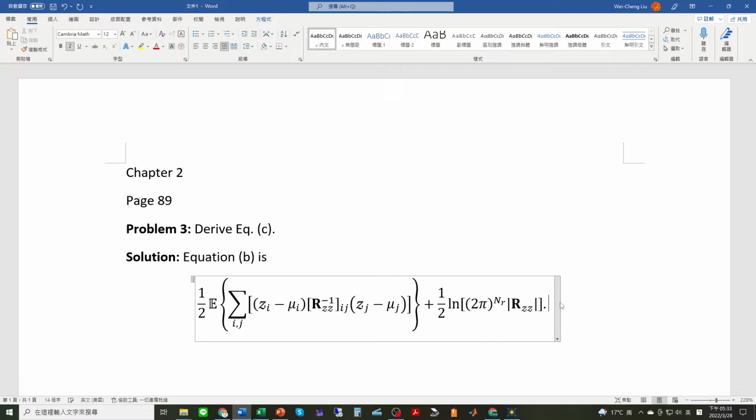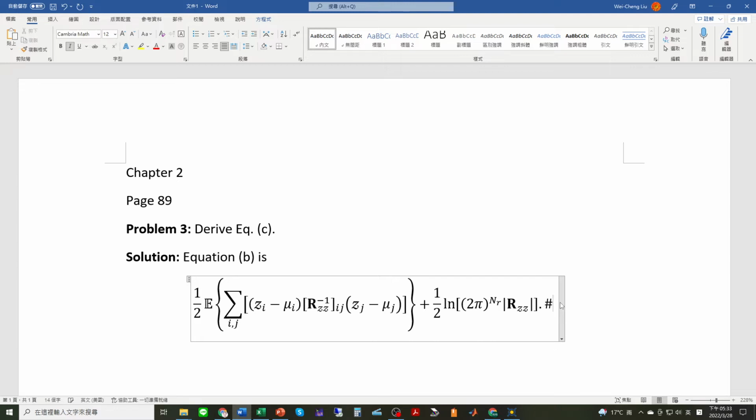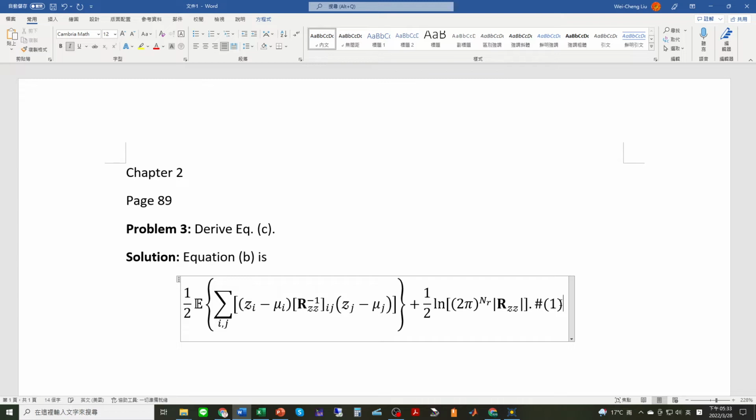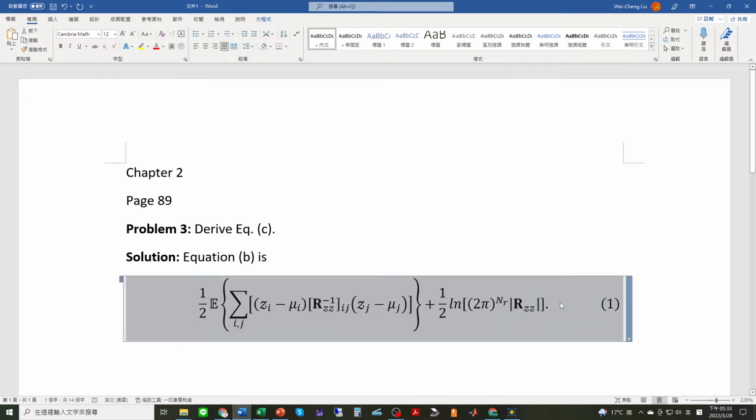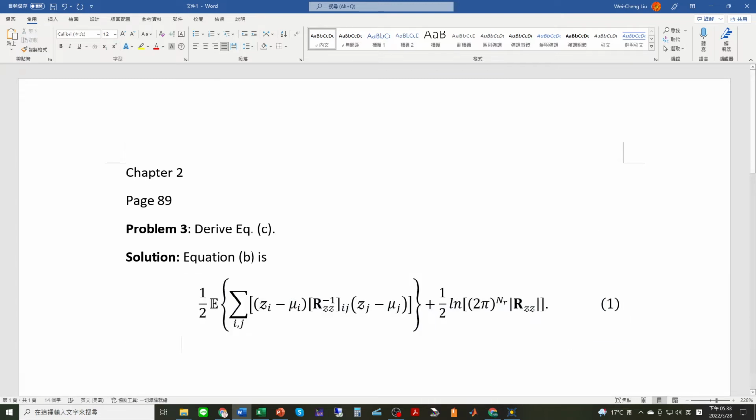So it is equation 1. Good. So it is not difficult to derive equation C. Let me show you.